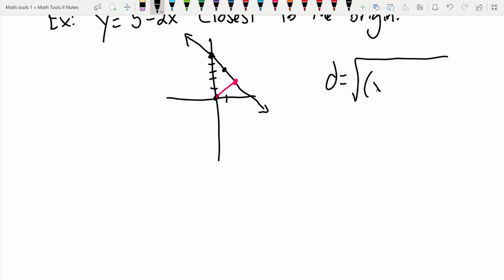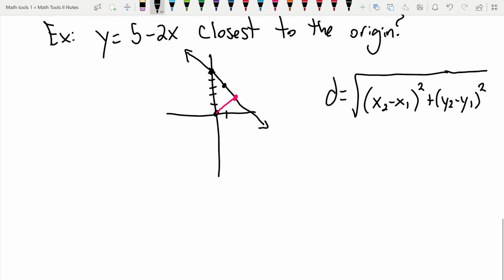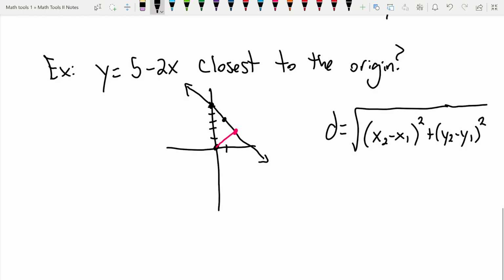So this is the square root of x2 minus x1 squared plus y2 minus y1 squared. We know one of the points is 0, 0. The other point we can just call x, y.